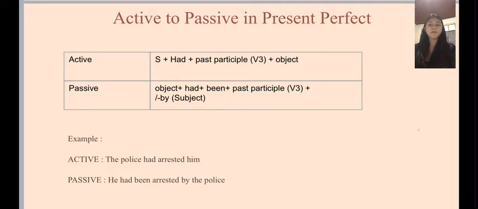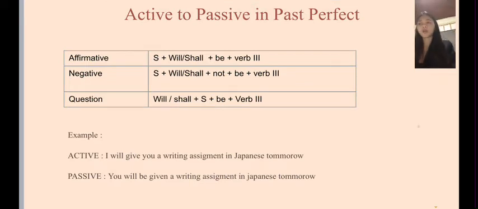The passive becomes he had been arrested by the police. He here is object plus had plus been plus arrested is past participle verb 3, and by the subject is the police.